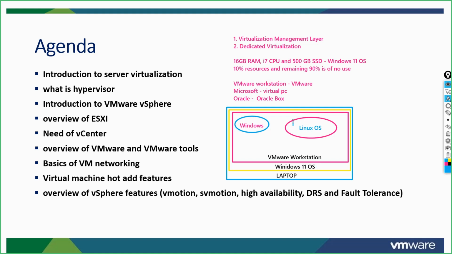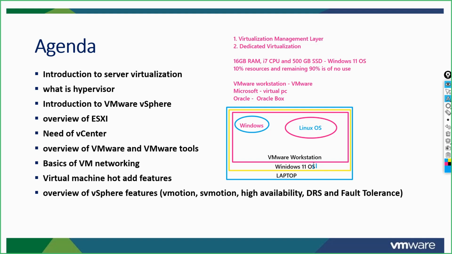But remember always that this kind of technique, virtualization management layer technique, when you are installing VMware Workstation on your laptop or your PC, all your virtual machines are dependent on your physical host operating system.